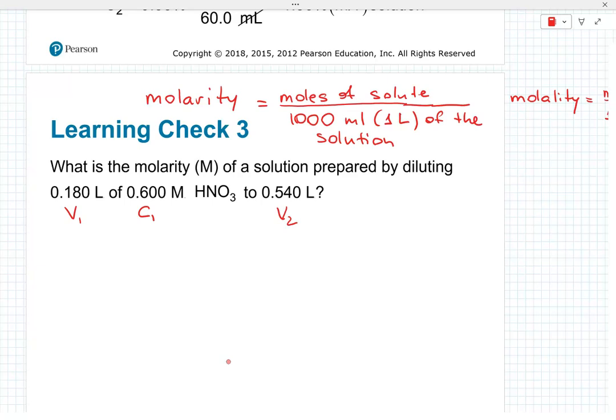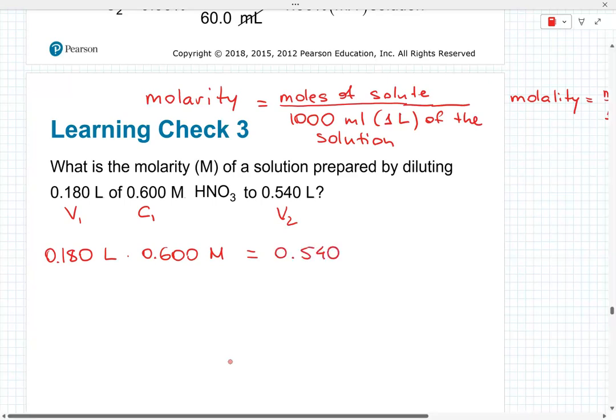So you can write down this. 0.180 liters multiplied by 0.600 molar concentration equals 0.540 liters multiplied by C2. Okay?